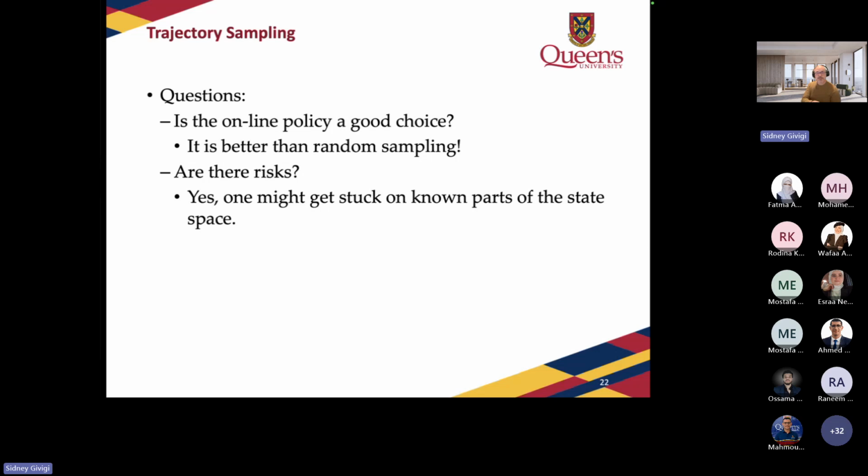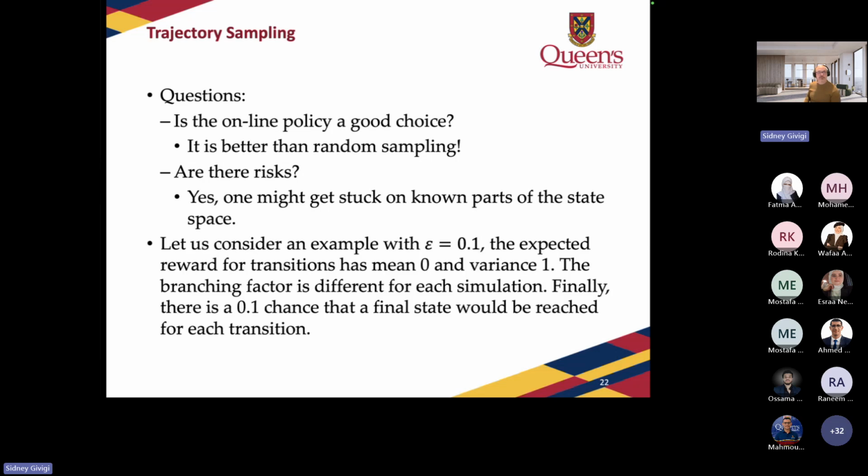So we stopped here that we know at least that that exists, but there is a risk that we are going to get stuck in that particular area. So let us consider an example. Let's assume that we have a probability 0.1 that the expected reward is going to mean like a 0 and variance 1.